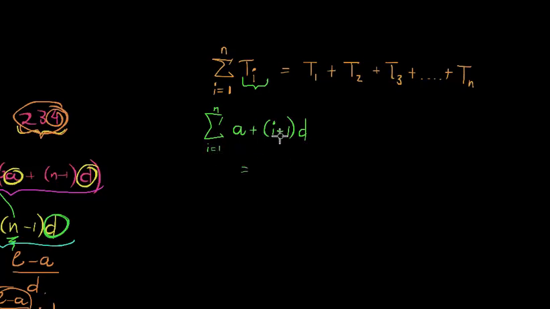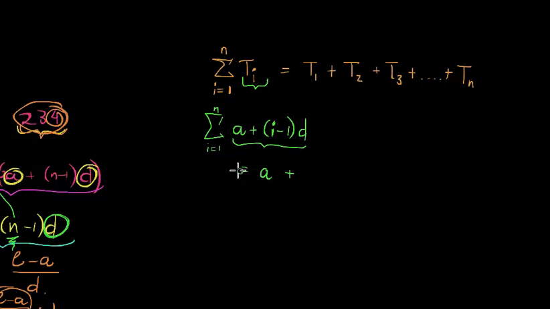If i is equal to 1, what do I get? Do you see this is the general term? It's the same as the general term, there's just an i, and i now starts at 1 and ends at n. So my first term would be what? i is 1, 1 minus 1 is 0, times d is 0, so I'm just left with a, that's my first term.